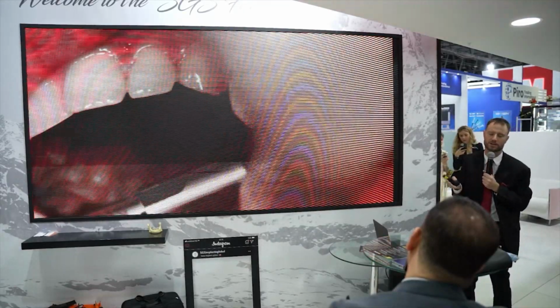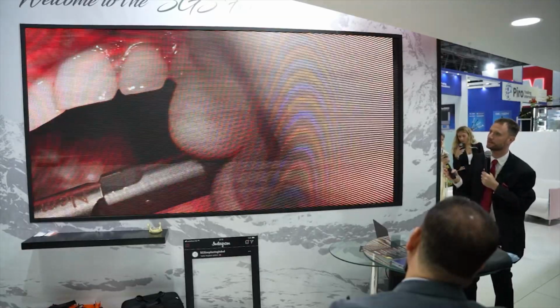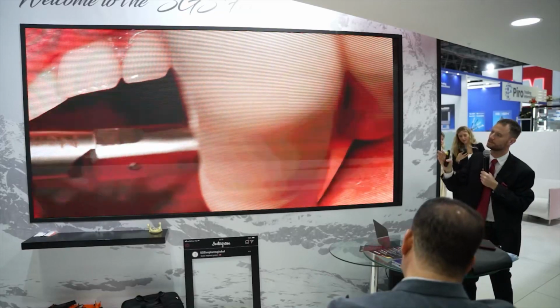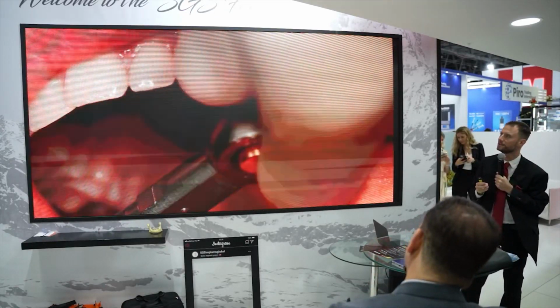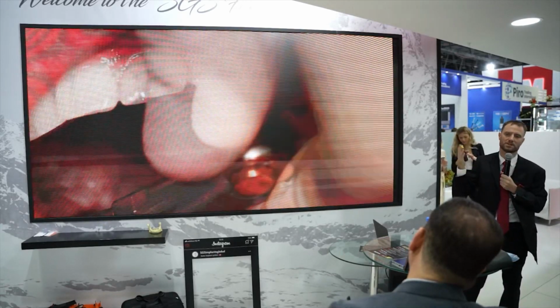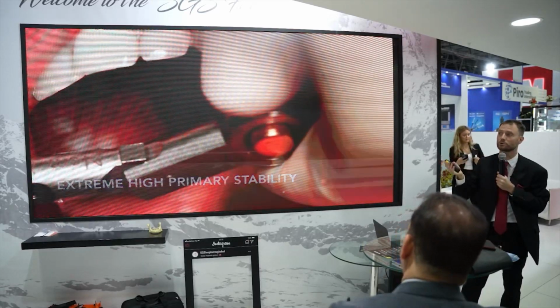There's no extra point on that. I just prefer to feel in the end how tight it really is in the bone. As you see, we have quite enough high bone, high primary stability. So in this case, I could even consider putting a temporary crown. The patient was not willing to get that, so it's not really a point, but that's an option.